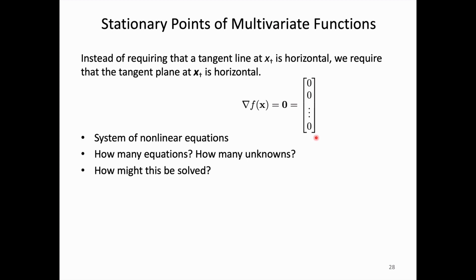Often you need to use some sort of numerical method to solve those equations. So we could do that, but we could run into some problems. Remember, in the univariate case, if we were to find a stationary point, it could be a minimum, but it might also be a maximum or a saddle point. So that could be a problem. If we are solving the system of equations, really all that's doing is finding a stationary point.